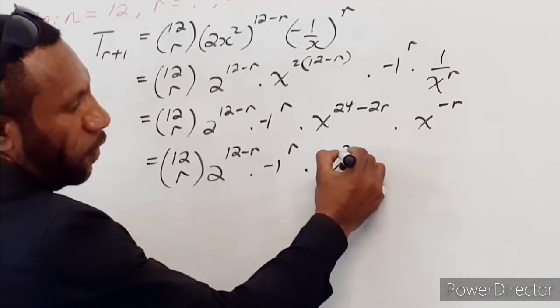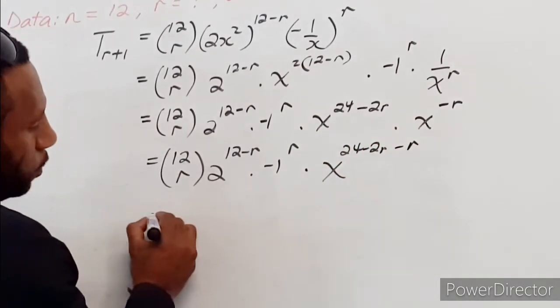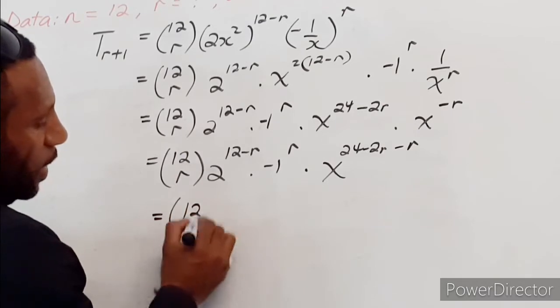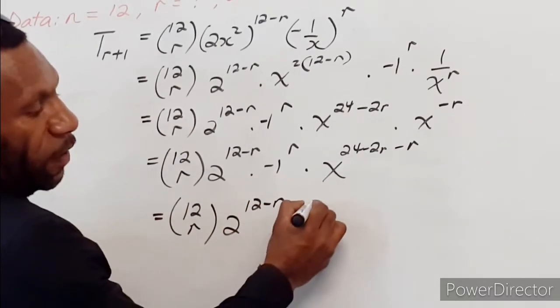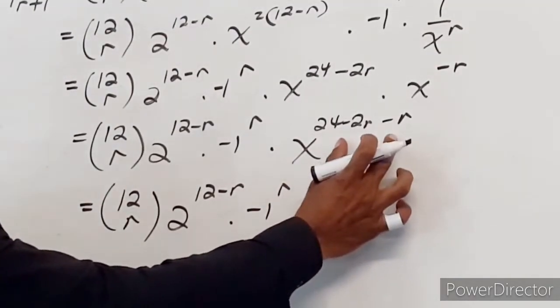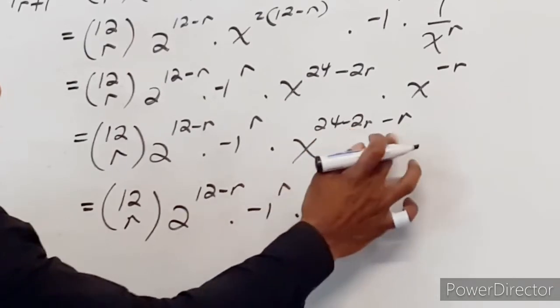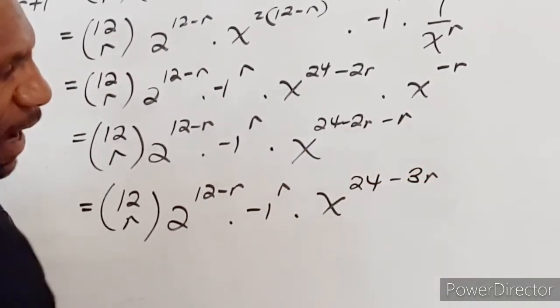So x to the power of 24 minus 2r minus r. This is the important part here. 24 minus 2r minus r gives me 24 minus 3r.